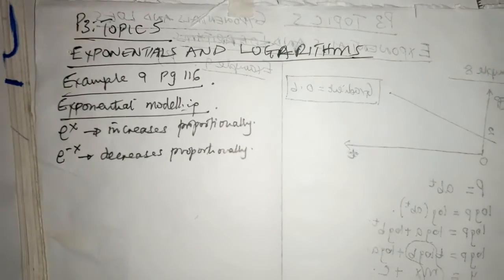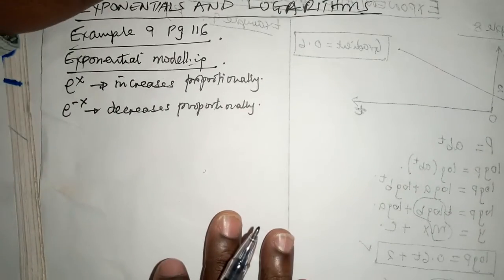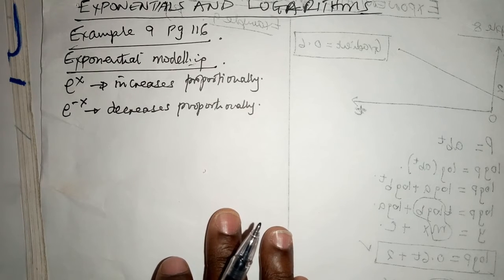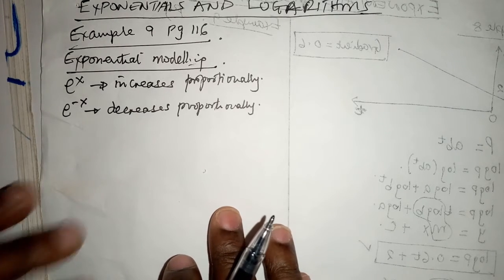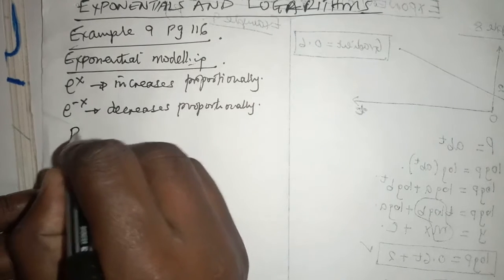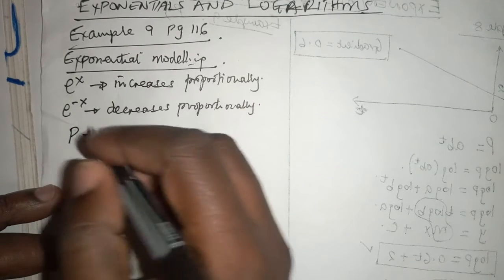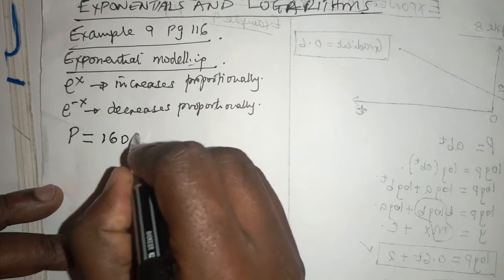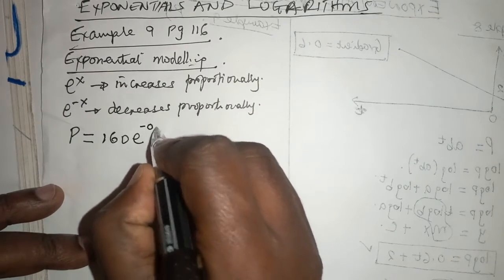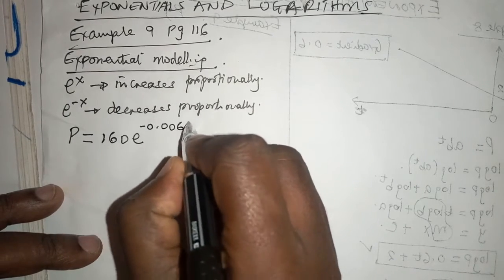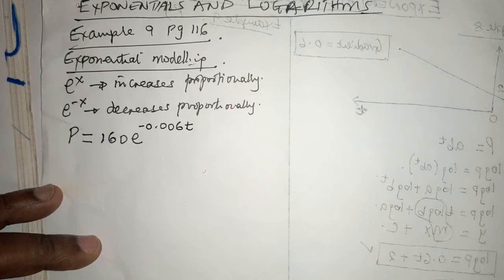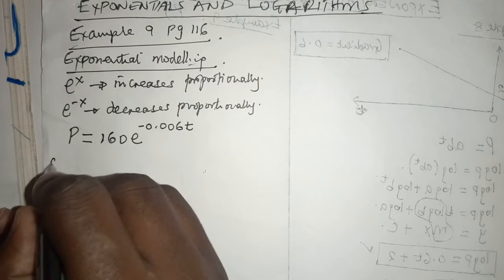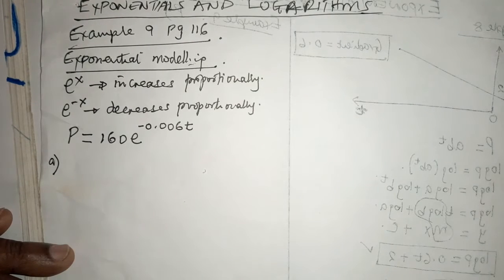Let's start our discussion. We have a relationship between the density and the time: P equals 160 e raised to power negative 0.006 t. Part A is asking us to use this model to estimate the density of the pesticide after 15 days.